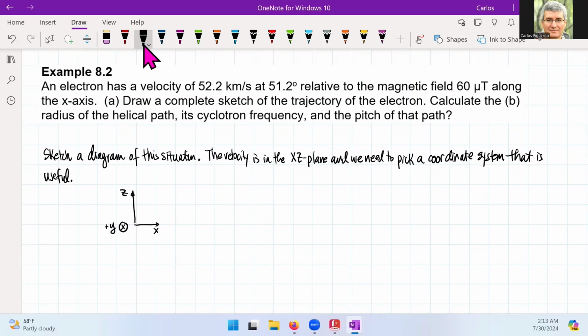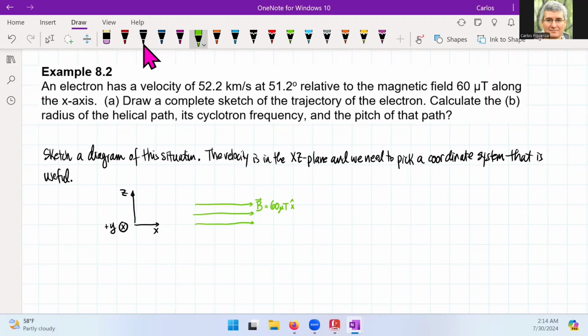So why is this useful? The magnetic field is in the x direction. So let's draw that. I have a field, and that's going to be my magnetic field. They tell us that this magnetic field is equal to 60 microteslas in the x direction.